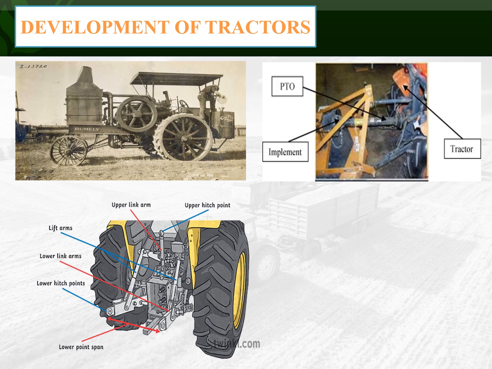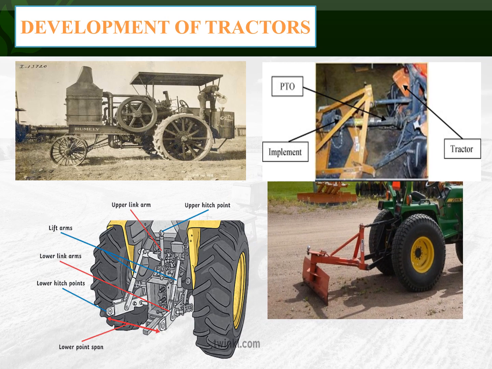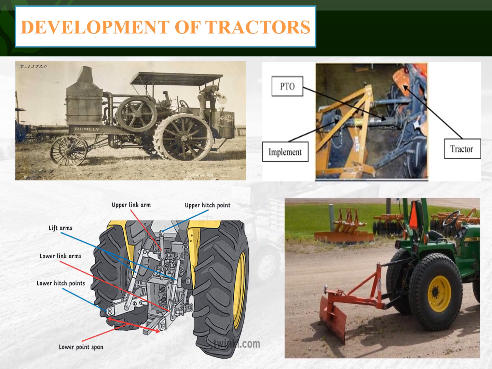One is upper link and the other two are lower links. Between the upper link and the lower link, a lift arm is present to operate the 3-point hitch linkage. The last picture is the farm equipment is attached to the tractor by 3-point hitch linkage.